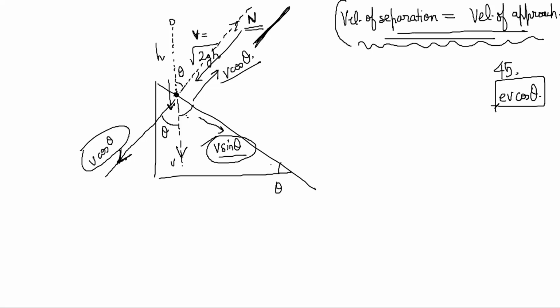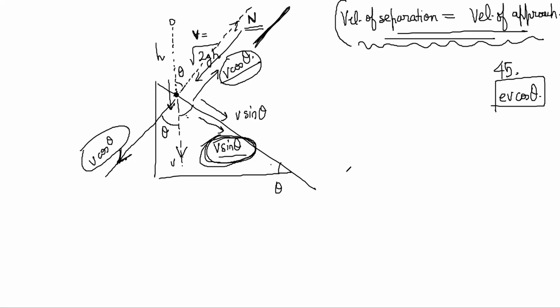But v sine theta remains unchanged. So the final velocities are v cos theta and v sine theta.